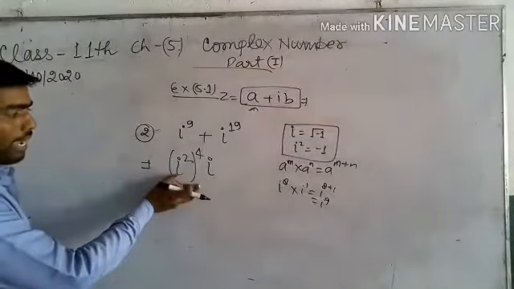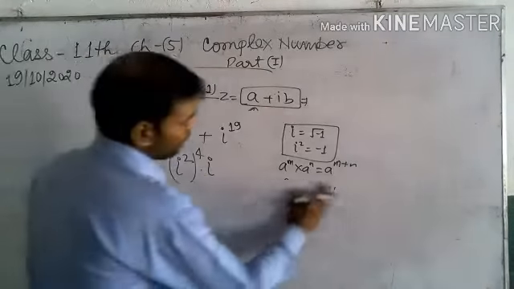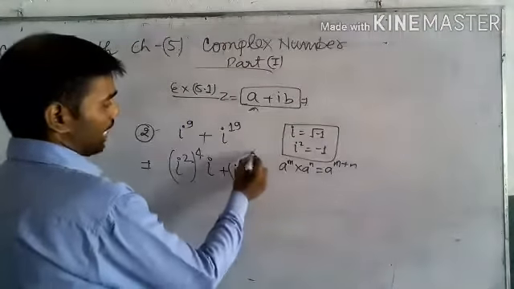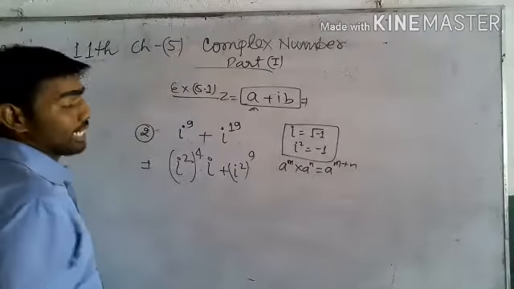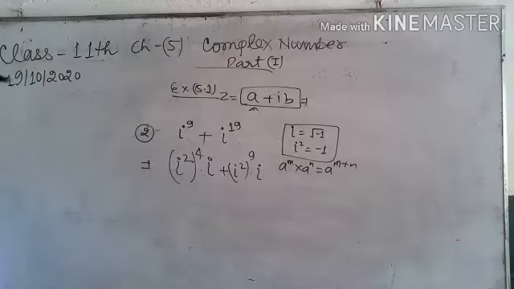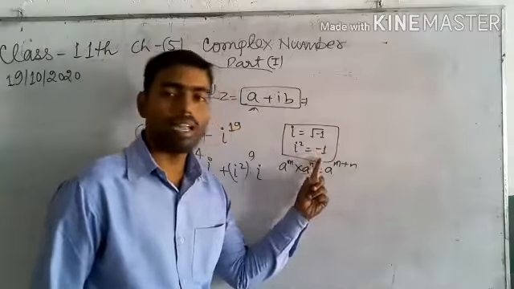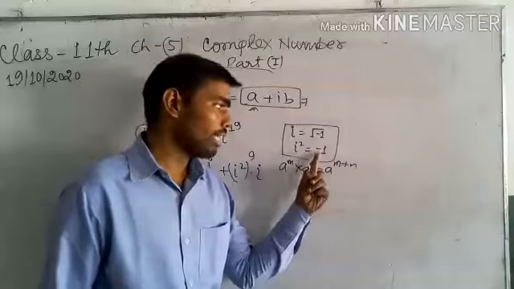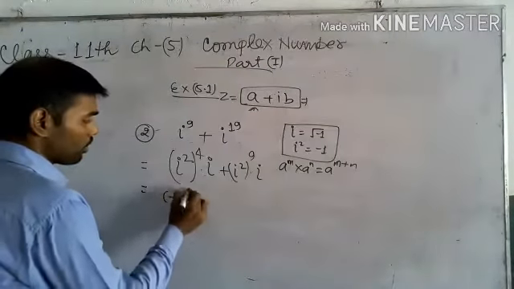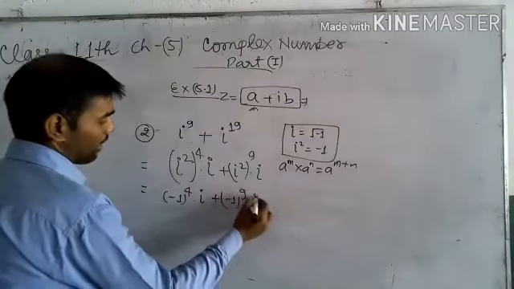So here we use the concept (i square) whole to the power 4 into i. Now again we use this concept for i to the power 90, which is (i square) to the power 45 into i... i square is equal to minus 1. So this is (minus 1) to the power 4 into i plus (minus 1) to the power 45 into i.